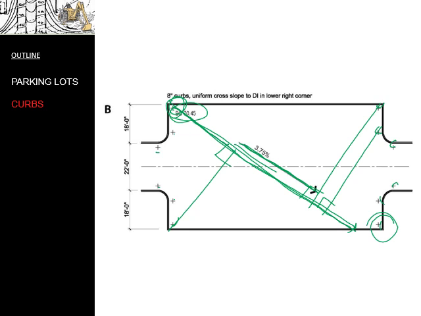So if I take this length, find that elevation, go sideways, I will then get this elevation as well. So you will use that process to solve for every one of these spot elevations going around the parking lot.